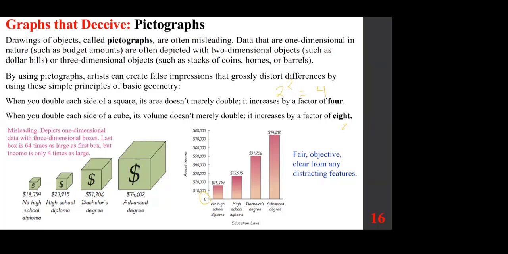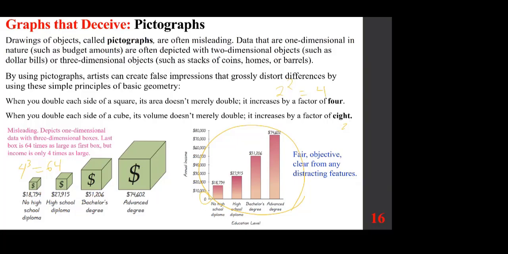Whereas if you look at the left side, it appears there's a huge difference between the two. When you multiply it by 4, it gives you this proper graph. When you do it here, 4 cubed, because it's three-dimensional, it appears that it's 64 times larger, which is not proper.